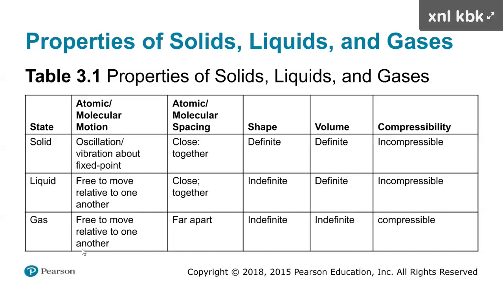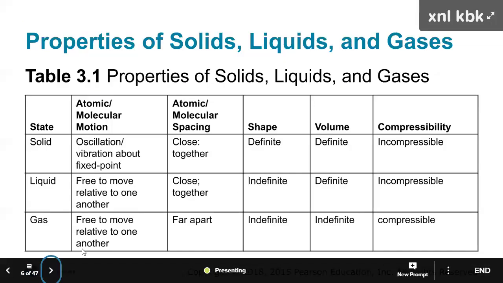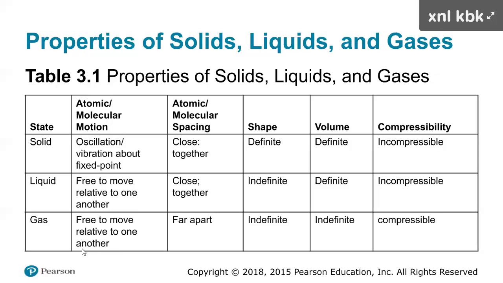So table 3.1 in your book kind of summarizes all of this contextually in terms of words, and takes these pictures and kind of summarizes them. So again, you can see how the slight differences in properties at the molecular level show up in terms of properties at the level that we can see.